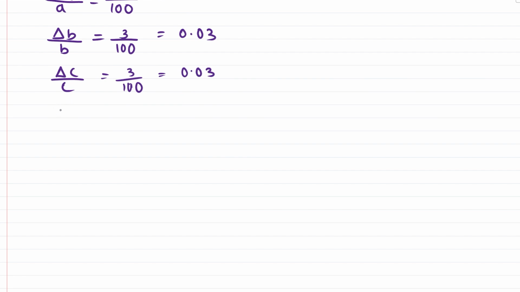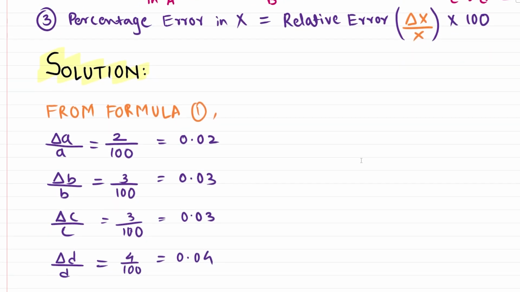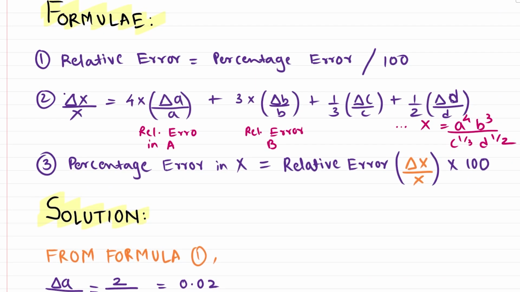And finally, the relative error for quantity D will be delta D upon D, that is 4 upon 100 this time, which is 0.04. So we have calculated the relative errors for each of the quantities, and now we'll substitute these values into our second formula to calculate the relative error for X.